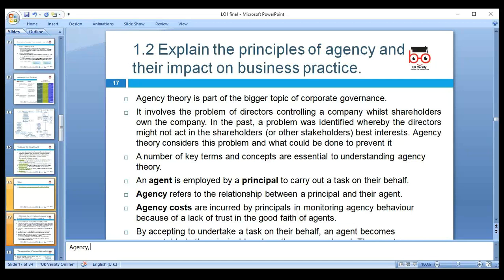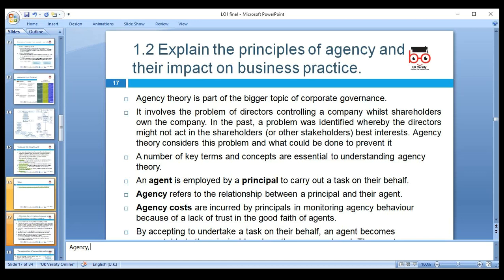Like a director is not the owner of the company, even the CEO of the company. The shareholder is the owner of the company. So they have an agency relationship.